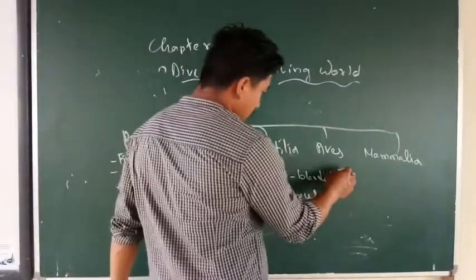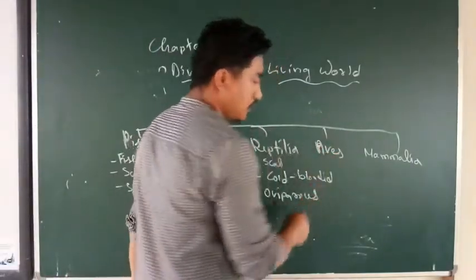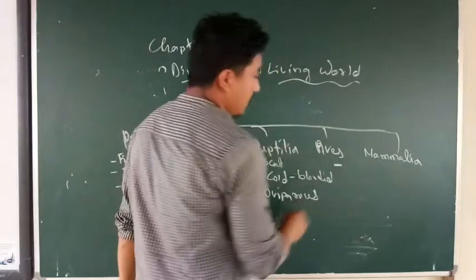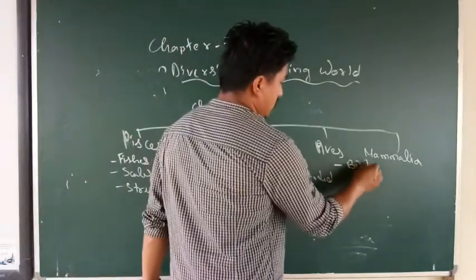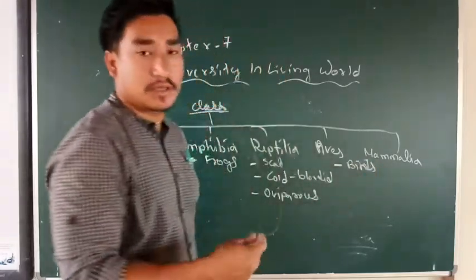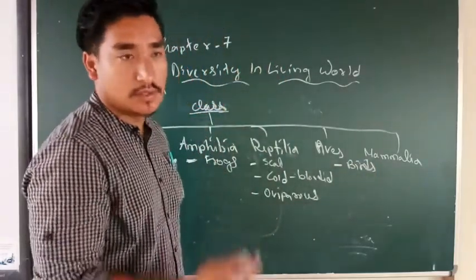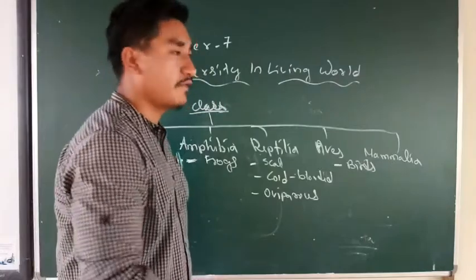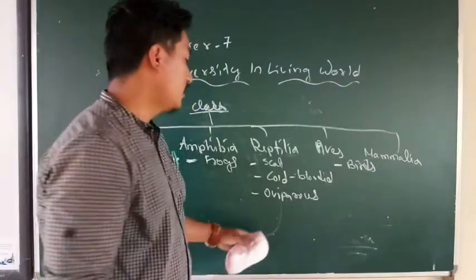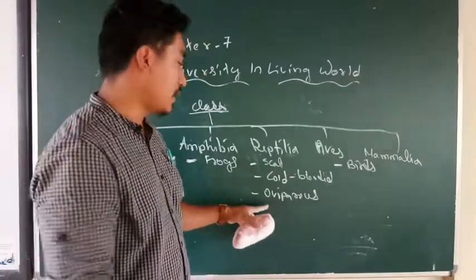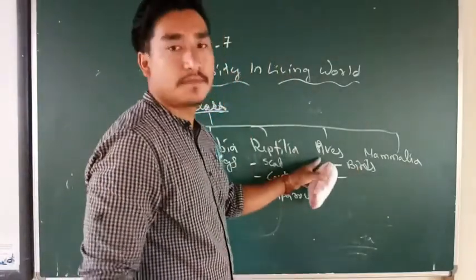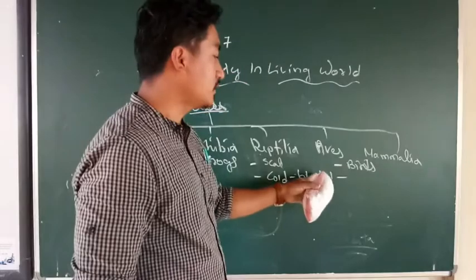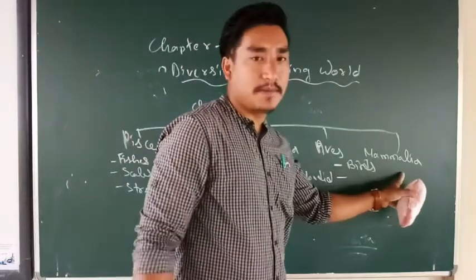Then next, aves. Aves includes all the birds. Its characteristics include their body is covered with feathers, they have wings to fly. Then they are also oviparous, that means they lay eggs. So those are the examples of aves as well as the characteristics. Then lastly we have mammalia.